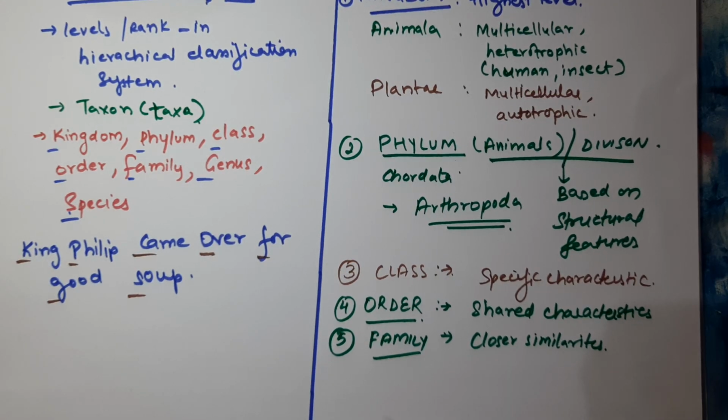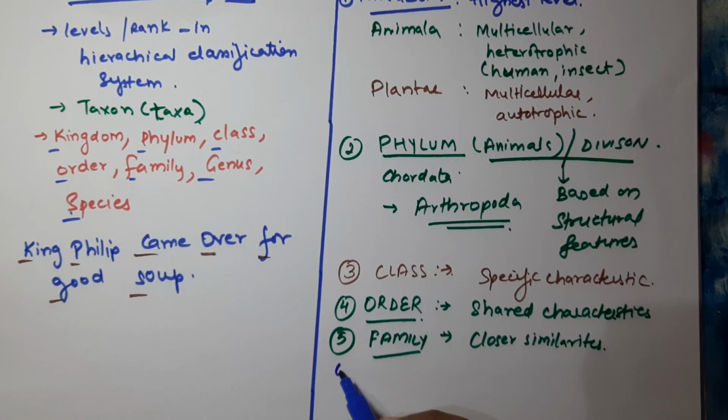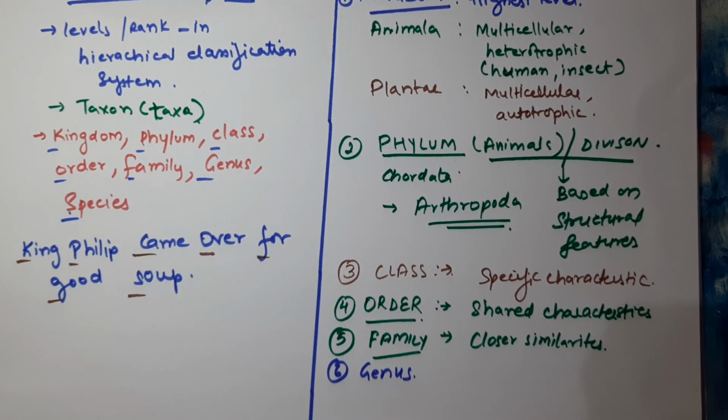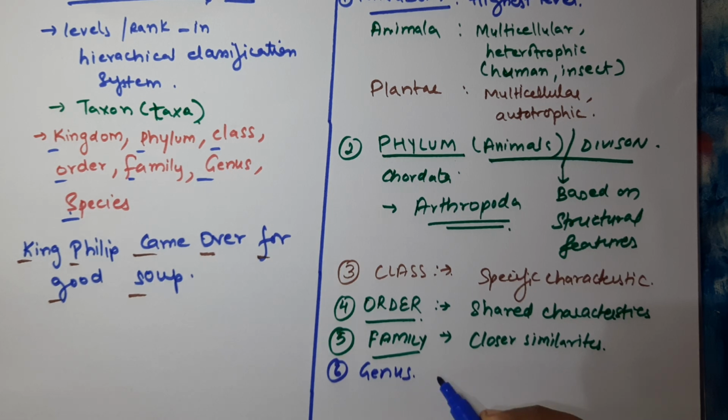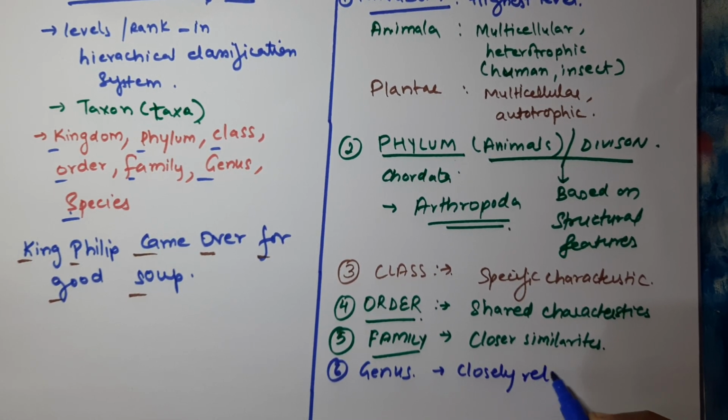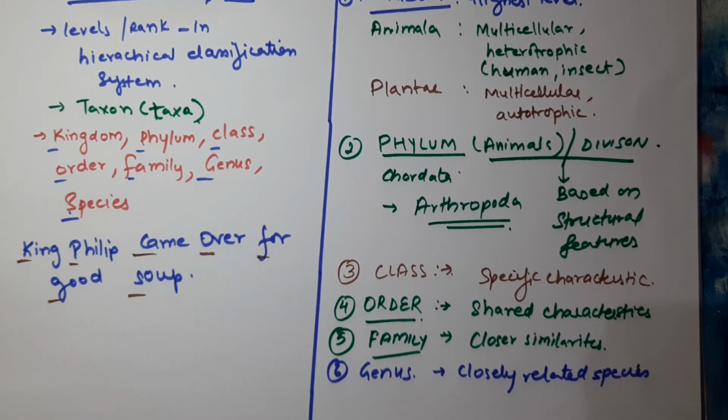Okay. So after family comes the genus. Okay, it groups the closely related species. Okay. And last is the species.